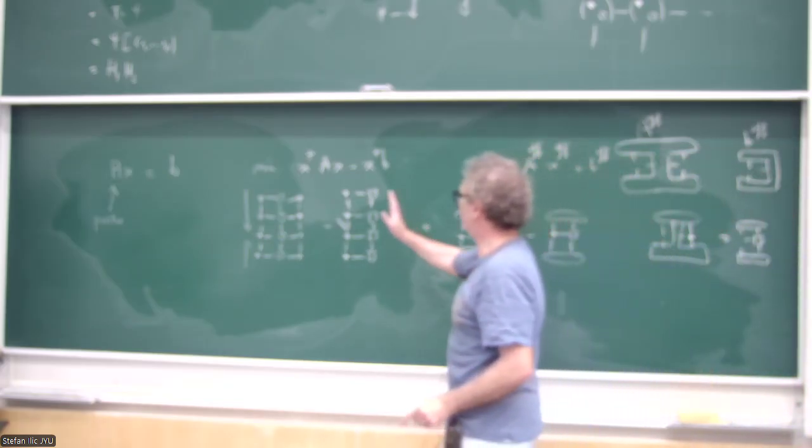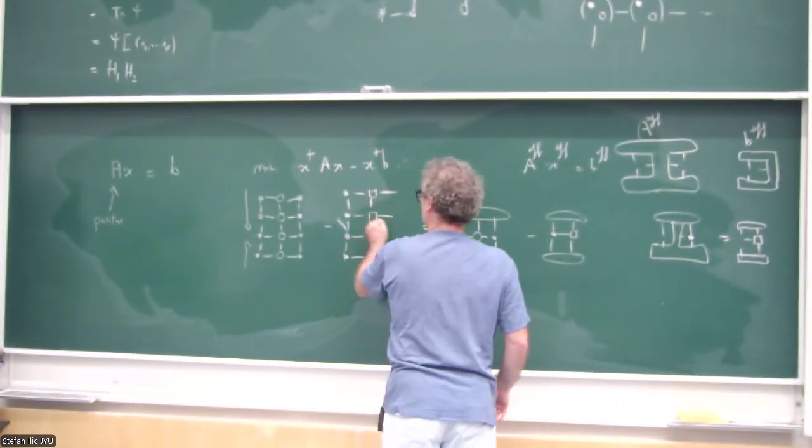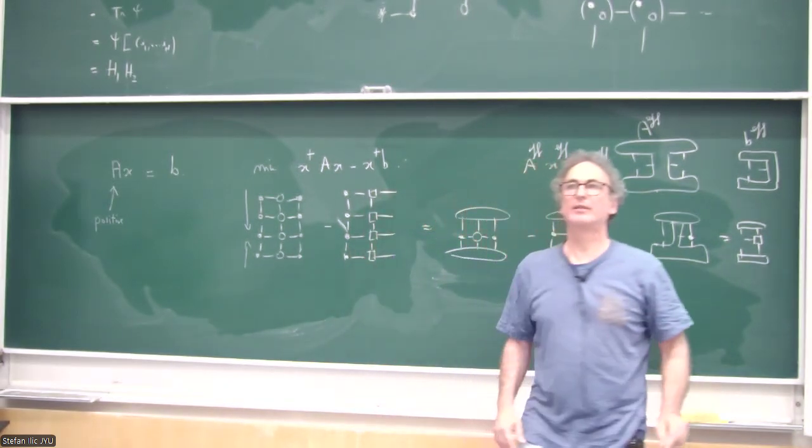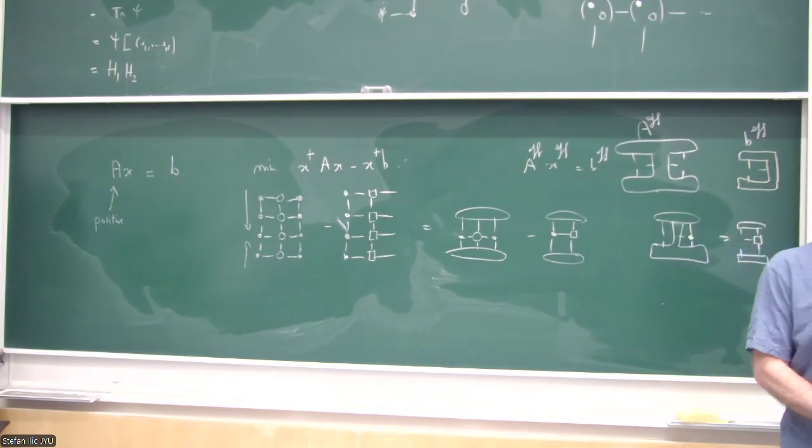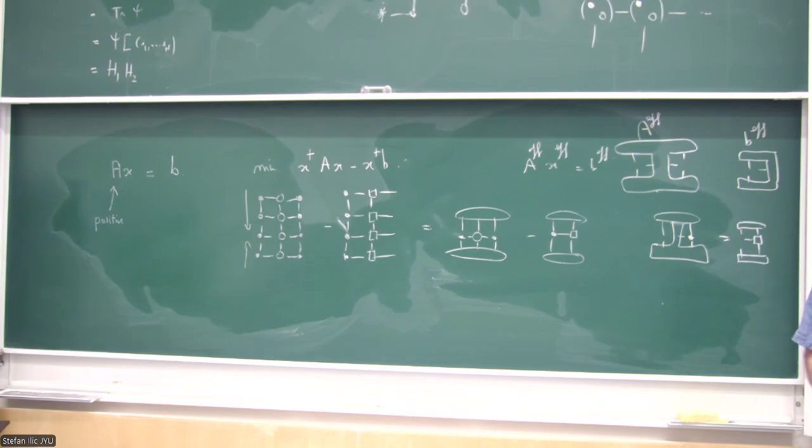Well, solving a linear problem is essentially matrix inversion, in the sense that if instead of B you put identity, then you get matrix inversion. Not aware of any usage of that though.